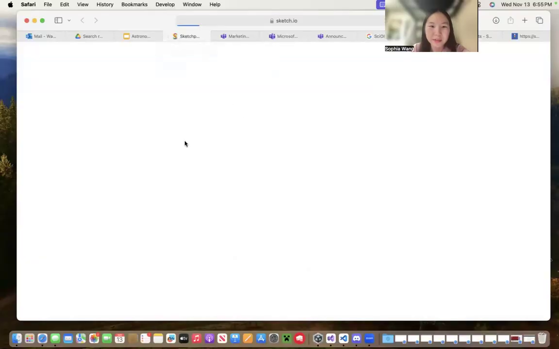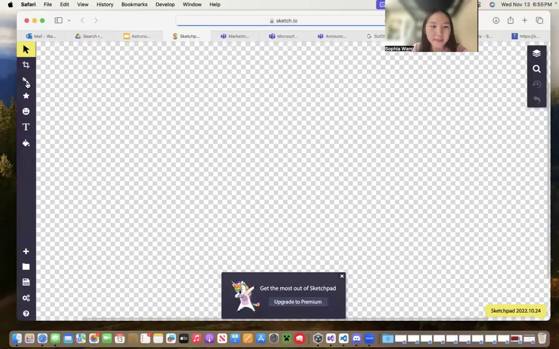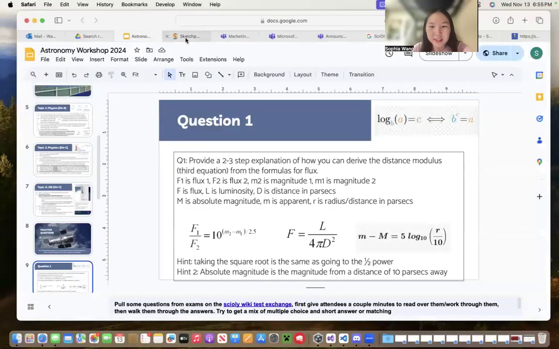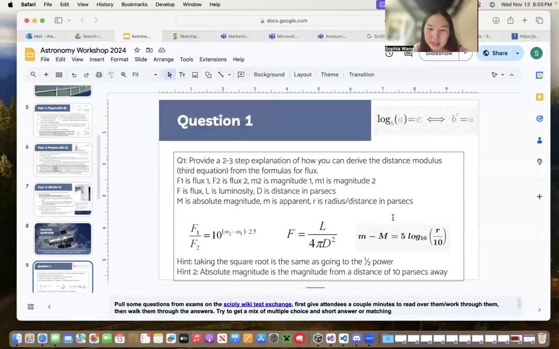I'm gonna pull out Sketchpad. It'll load. Okay, great. I apologize in advance for my awful handwriting because I cannot write with a mouse. But let's see.